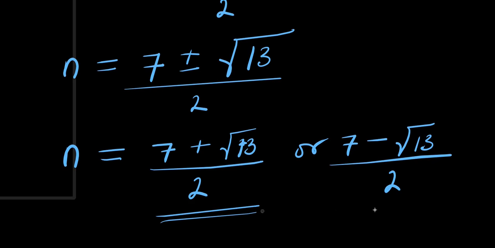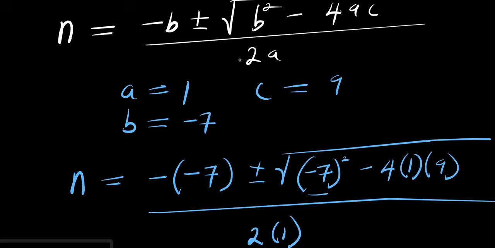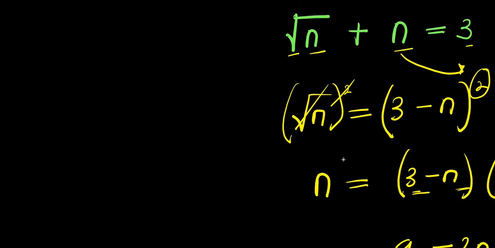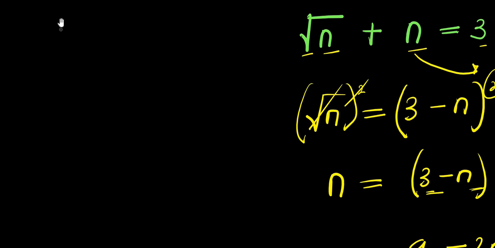So these are the two values for n. Now what we are going to do is check if the two values will satisfy the equation, or if it is going to be only one value.